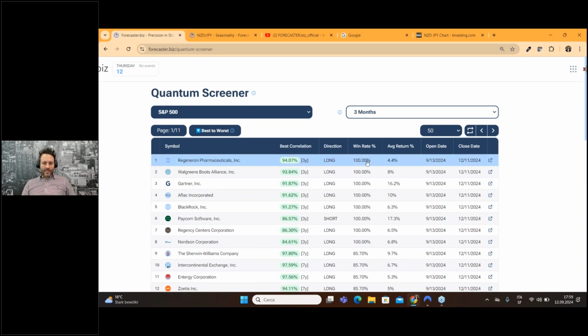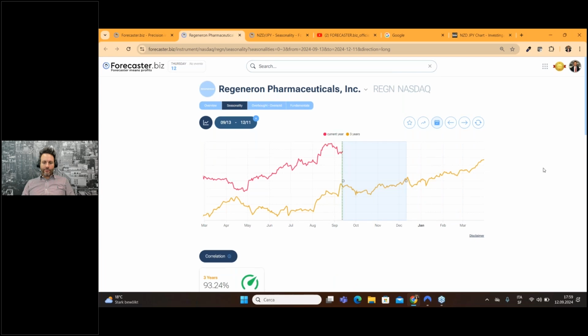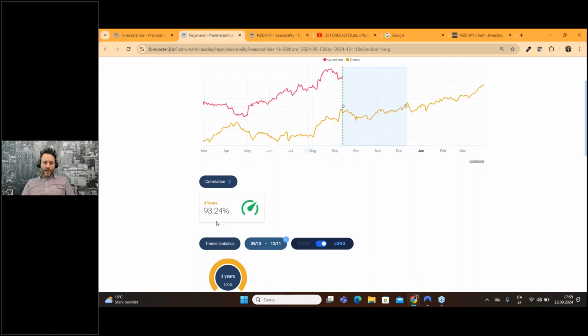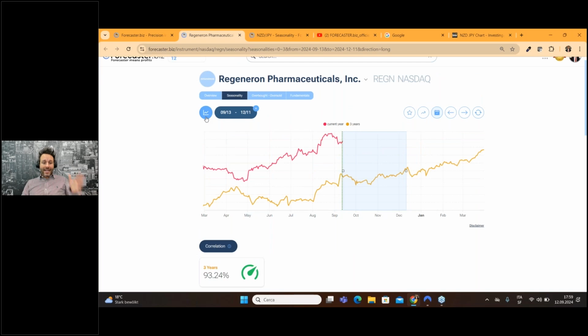Let's have a look at the first one in the list. We have a long trade for Regeneron Pharmaceuticals. The actual price is 94% correlated with the 3-year seasonality. Let's have a look if we open it. Okay, very interesting. We know the actual price is very highly correlated with the 3-year seasonality, but let's have a look if this data is consistent.